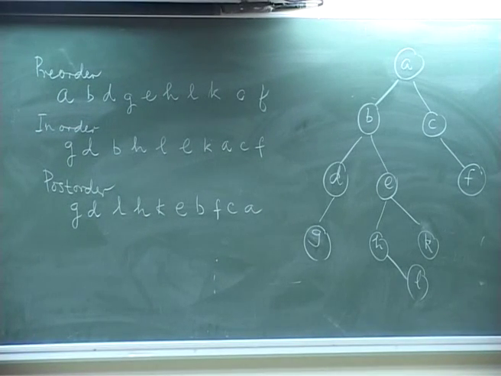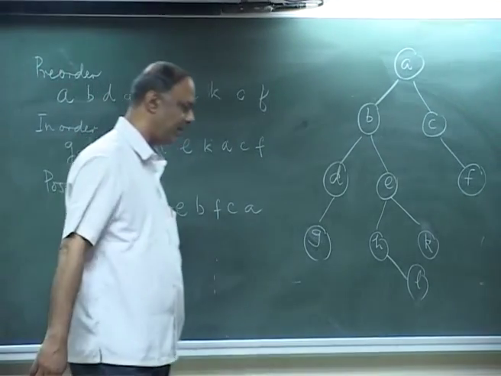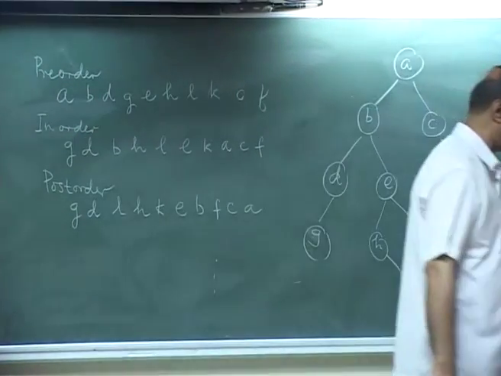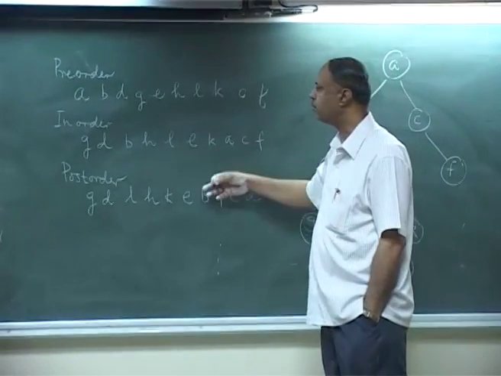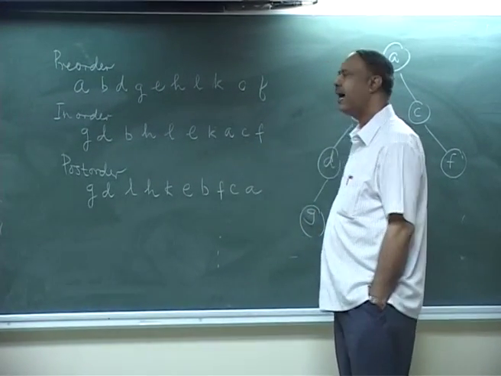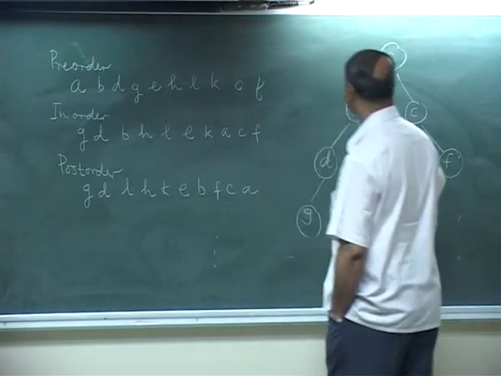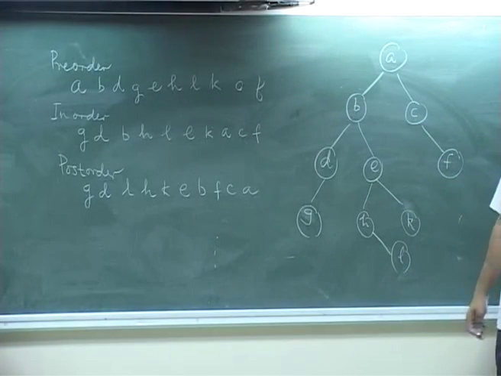Okay? So I think you remember this. We discussed all these things in your undergraduate curriculum. Now one thing you remember: if I know either pre-order or post-order along with in-order, I can generate the binary tree uniquely.